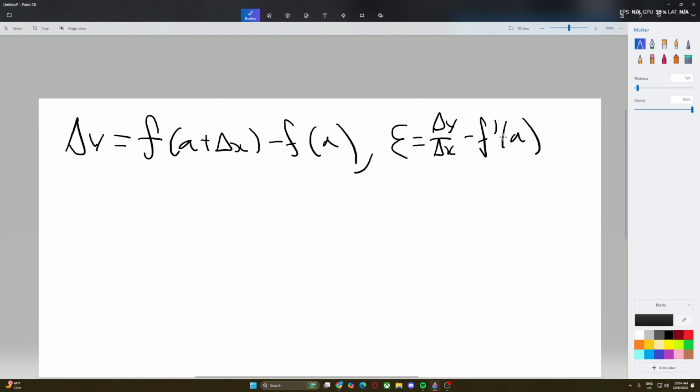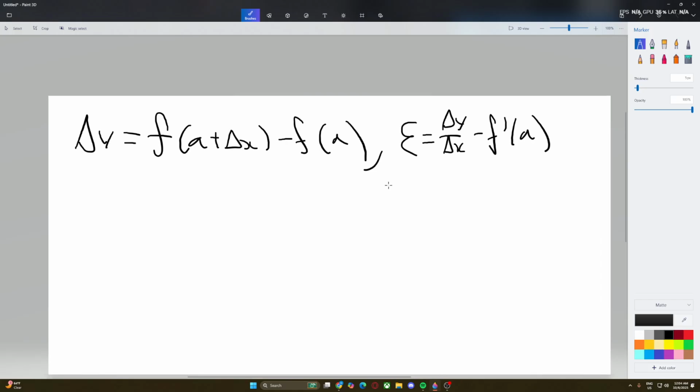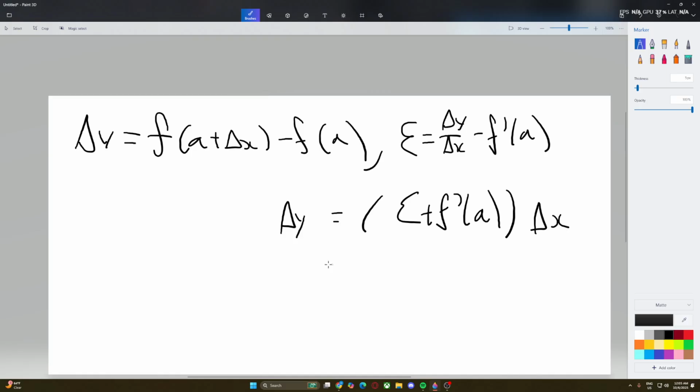So, let's see, epsilon plus f prime a times change in x equals delta y, right? Yeah, that's right. So delta y equals epsilon times change in x plus f prime a times change in x.